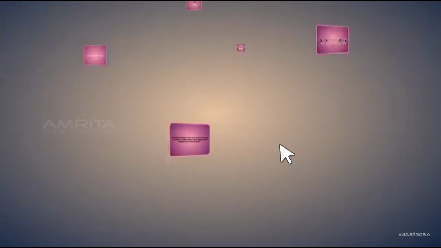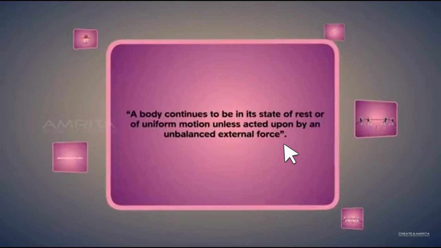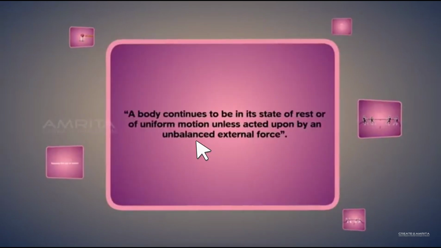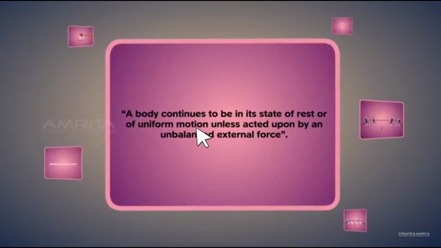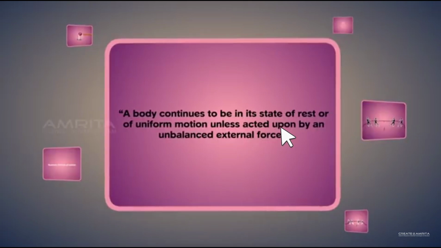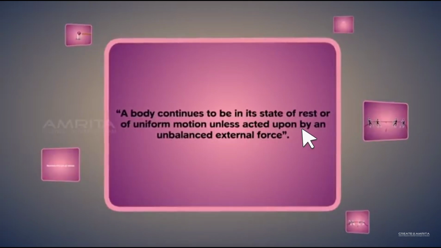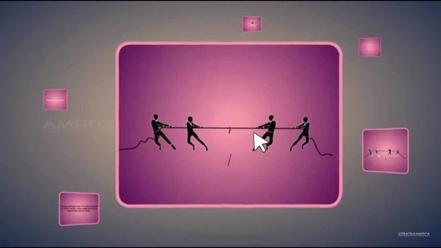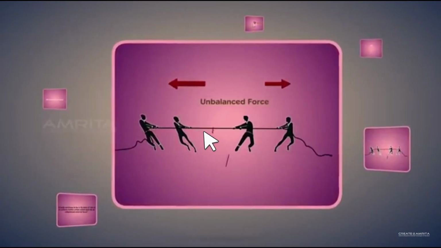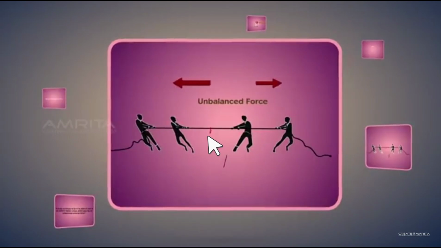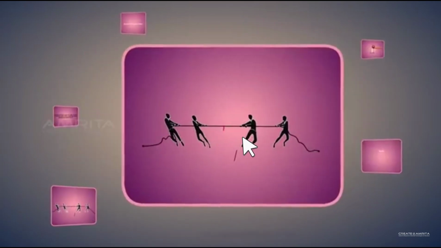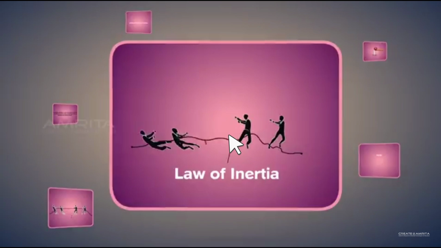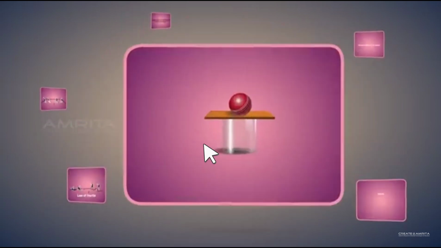After some time it will stop due to frictional force. So the body continues to be in the state of rest or of uniform motion unless acted upon by an unbalanced external force. This is an unbalanced force. A perfect example is tug of war. This is also the law of inertia.